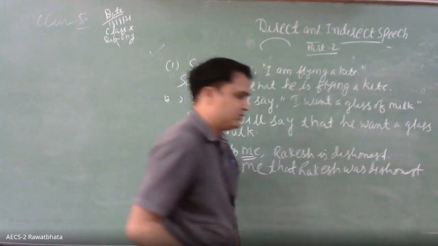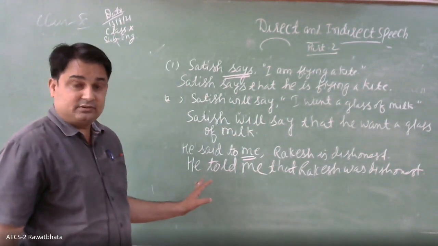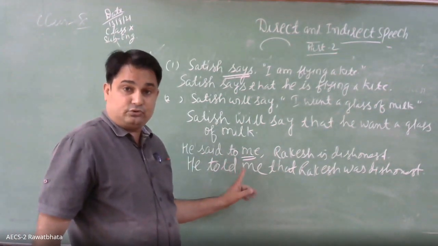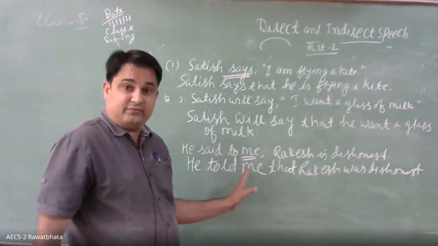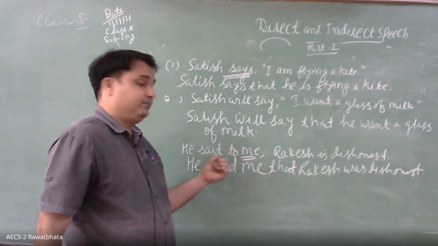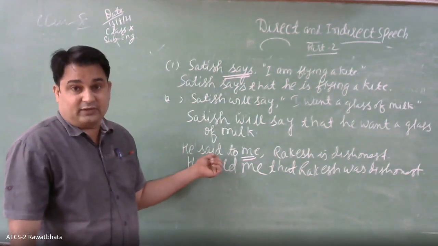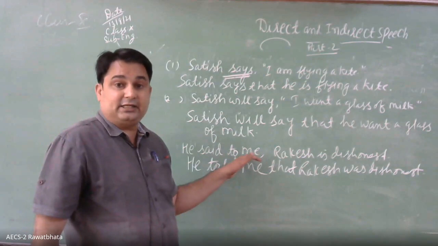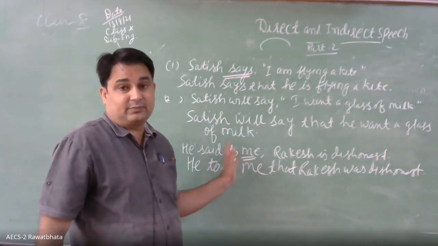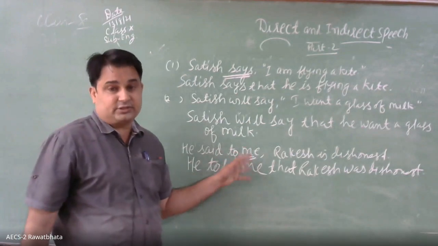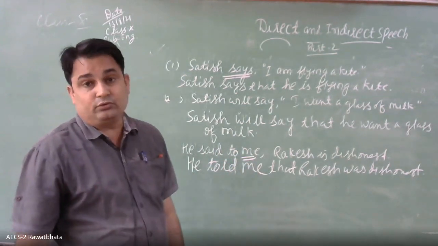Okay, so Sadhna, you have understood where you have to use told. All other students, if after the reporting verb said there is any object, then you have to change it into told.